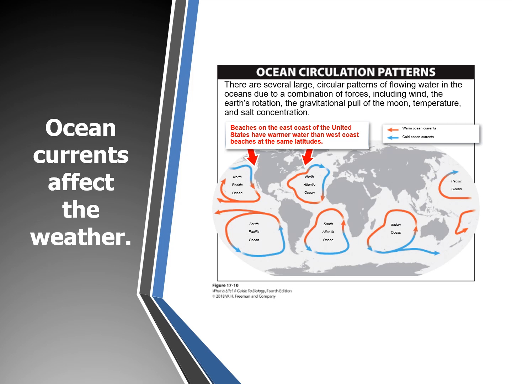What causes this moving and mixing is wind, Earth's rotation, the gravitational pull of the moon, temperatures, and salinity as well. All of these create several of those large circular patterns of flow that we call ocean currents. And again, those ocean currents are going to affect the climate of the areas that they move into.